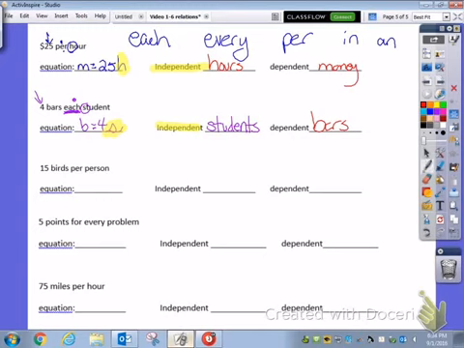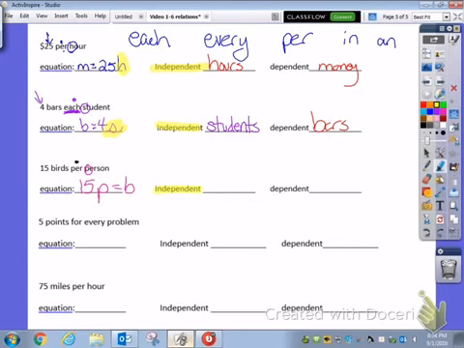15 birds per person. Okay? So per each person, like when you go shooting, let's say each person's allowed 15 birds. Okay? So if 3 people are shooting, 15 plus 15 plus 15, that's 15 times 3. So 15 times, and I'm going to use P for person. That tells me how many birds. So I can either put the B equals in front, or I can put it after. It's the same thing.